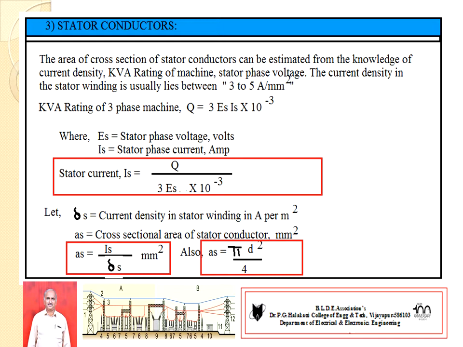So As we get in millimeter square because current density is per millimeter square. If round conductors are used, then the area of the conductor equals pi d square by 4, where d is the diameter of the stator conductor and As is the cross-sectional area of the stator conductor in millimeter square. Hence, it is possible to design the diameter of the stator conductor.